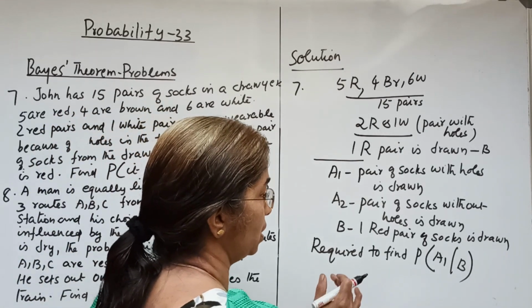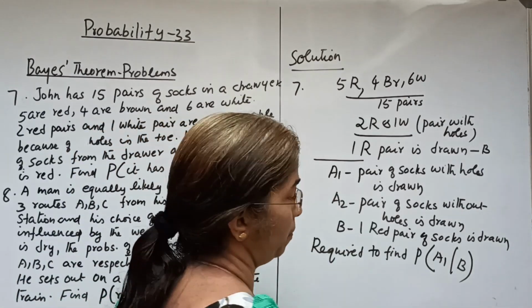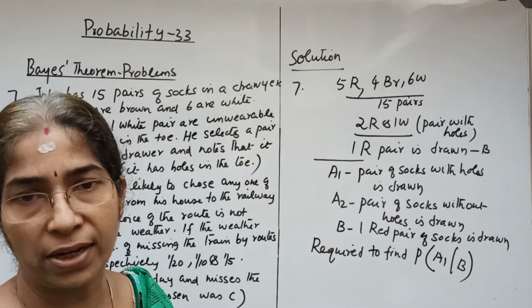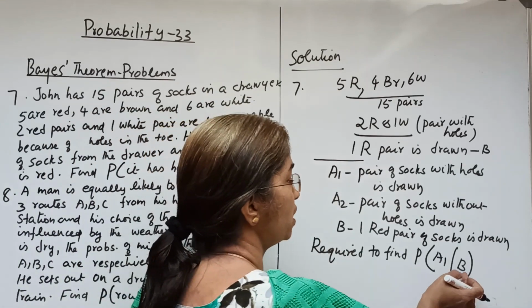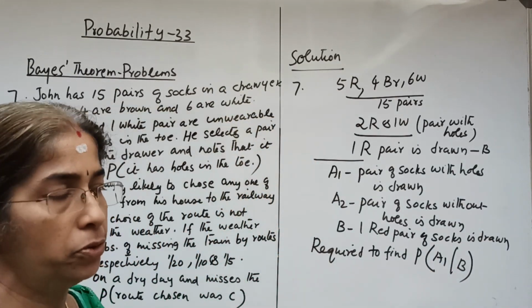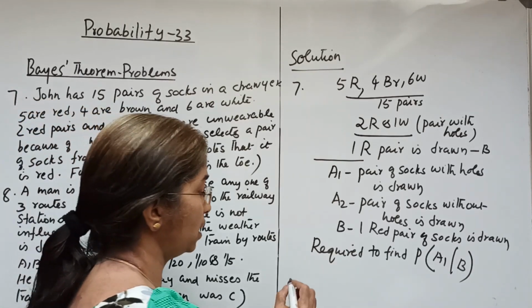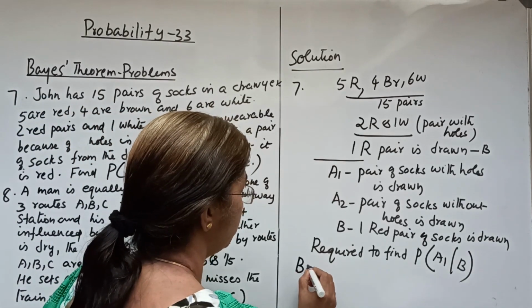Under this event, we require to find the probability P of A1 given B. B is a red pair and A1 is that it has holes in the toe. And we apply Bayes theorem.